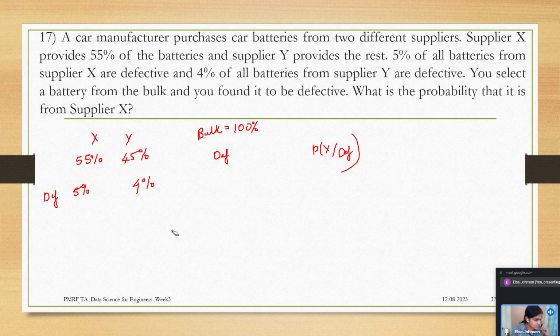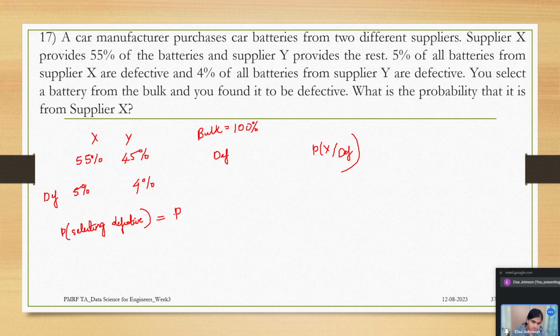In this case, first is the probability of selecting a defective. I'll come to that. Selecting a defective means either it is taken from X or it is taken from Y.